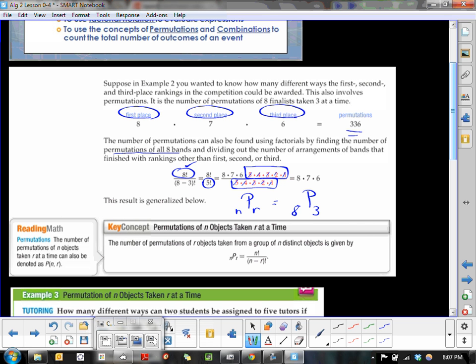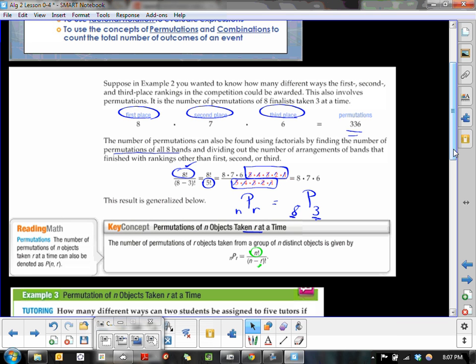And this is how we write our permutation of 8 things, chosen 3 at a time, or taken r at a time. So there's our permutation notation, the way that we can write this, n subscript P, then subscript r. N is the total number of objects that you have in your group, and r stands for how many you're going to actually select.